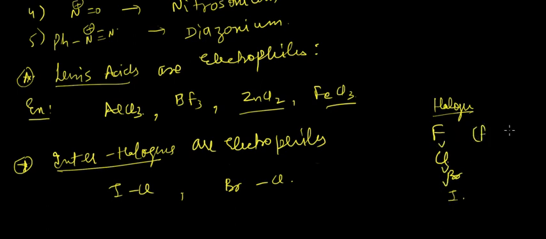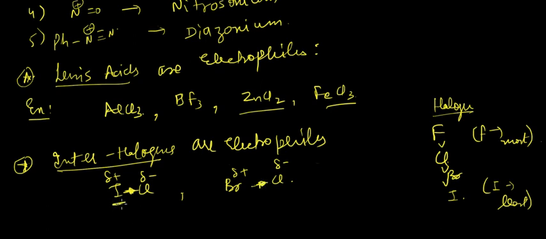Fluorine is the most and iodine is the least electronegative. So in terms of electronegativity, iodine has a partial positive charge and chlorine has a partial negative charge. Similarly, bromine has a partial positive charge and chlorine has a partial negative charge. So the electronegativity difference creates partial positive and negative charges within the compound, hence they become electrophiles.